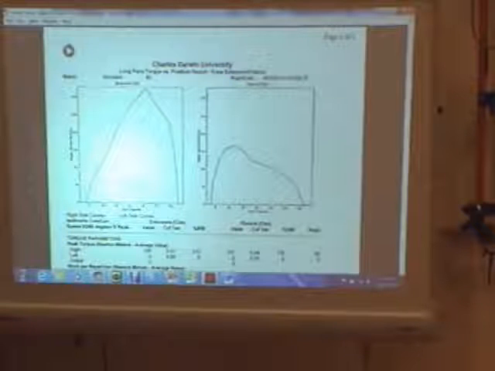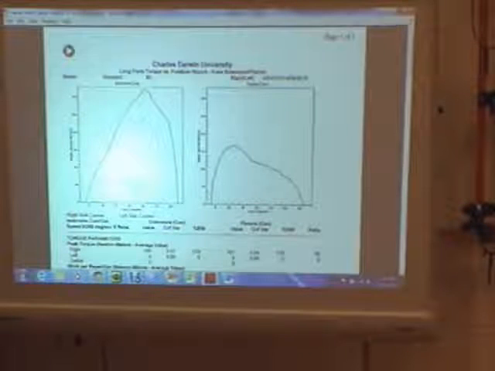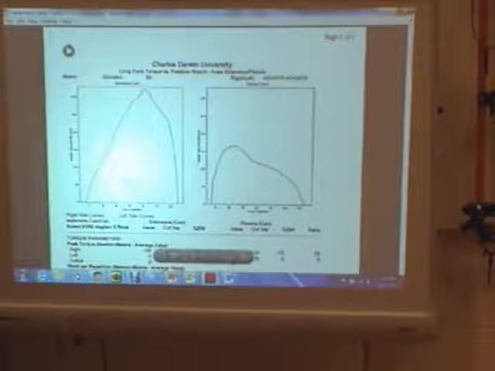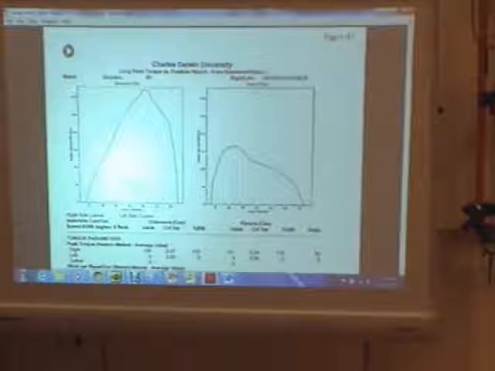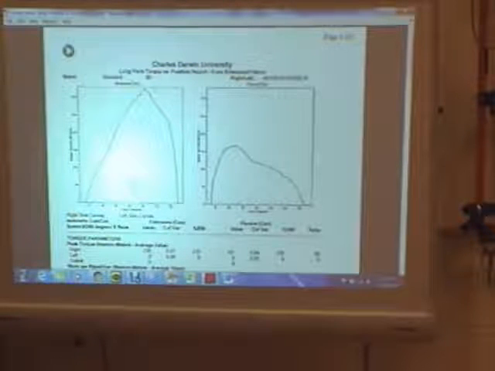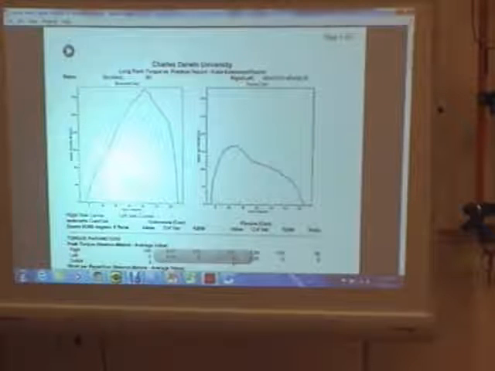On the left is torque, and you get the angle that it goes through. As the athlete pushes against it, the torque increases as they rotate, reaches a peak, and then comes back down. This peak torque will be analyzed, and you can do it on your right leg and your left leg and see how it differs.